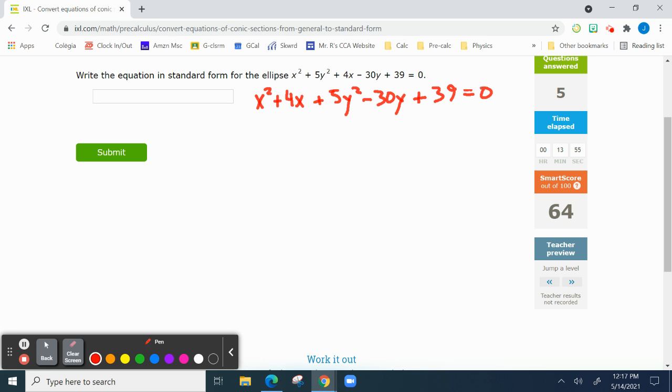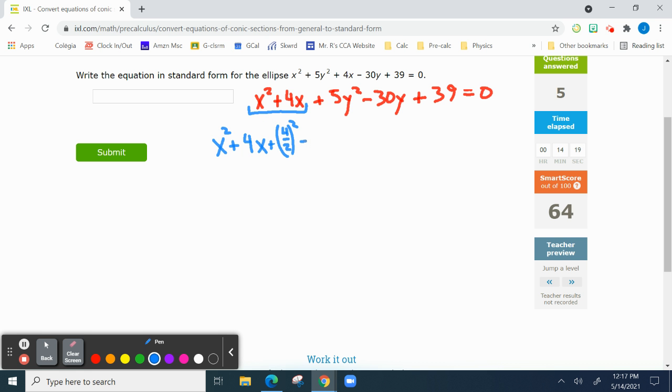Okay, so for the first piece here, that one is pretty easy, right? Because there's no coefficient in front of the x squared. So that's just going to be x squared plus 4x, and then plus 4, which is half of that other coefficient squared, right?